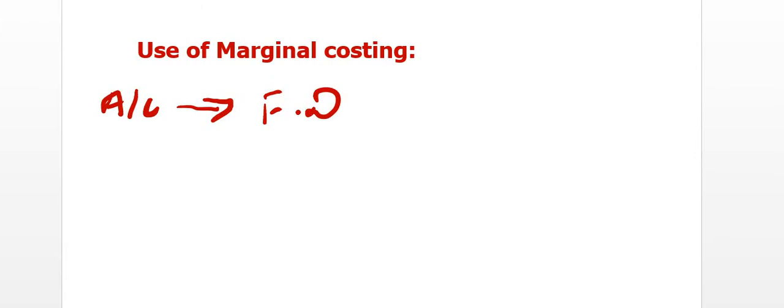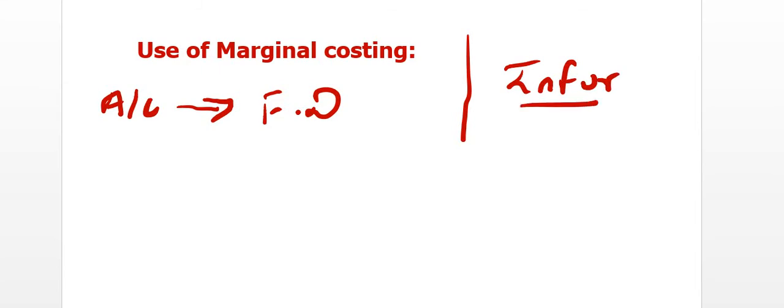So in accounts, the major limitation is that they are just recording the financial data, they are just recording the financial transaction. Now when it comes to the manager wanting to take decisions, he wants to take day-to-day decisions. He wants to take short-term decisions. And in order to take these decisions, he requires information. And that is where marginal costing technique comes into picture.